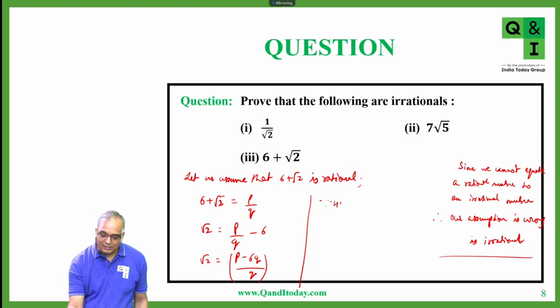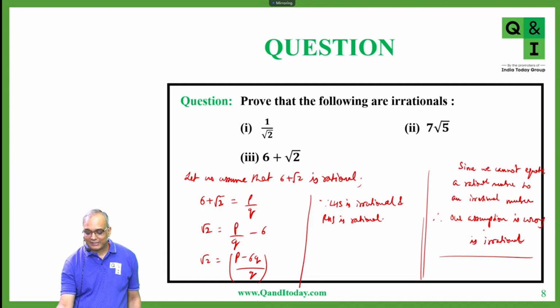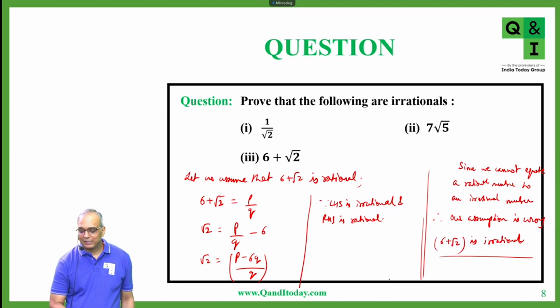So since LHS is irrational and RHS is rational, we cannot equate a rational number to an irrational number. Hence our assumption is wrong and 6 plus root 2 is irrational.